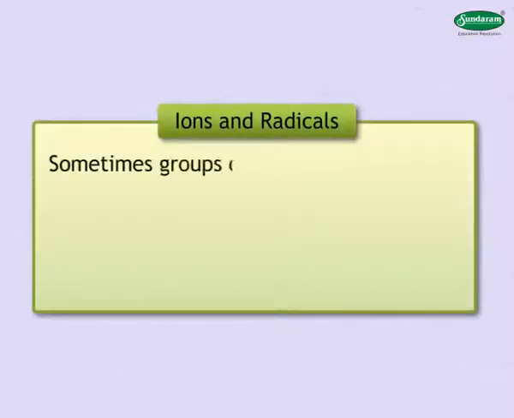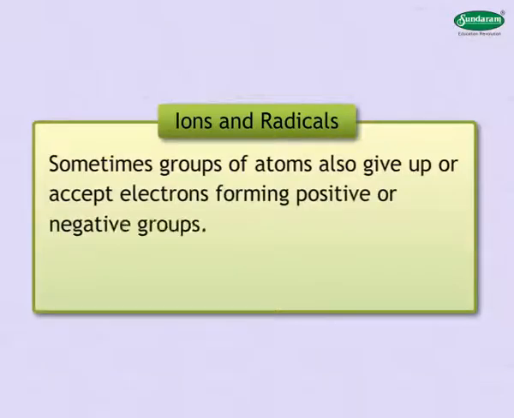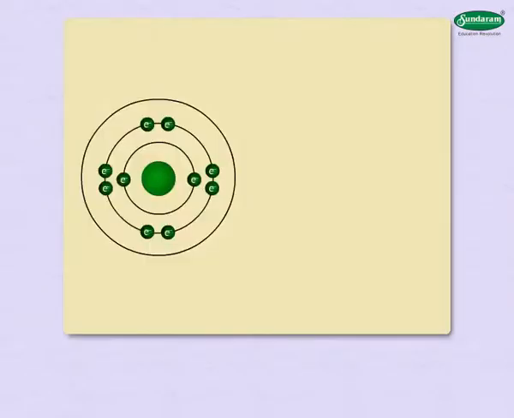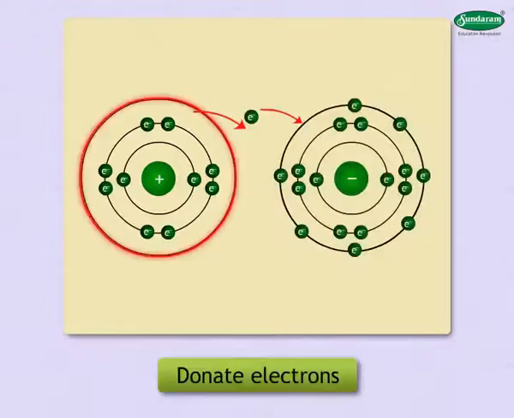Ions and radicals. Sometimes groups of atoms also give up or accept electrons, forming positive or negative groups. Such atoms or groups of atoms having a positive or negative charge are known as radicals. Sometimes positive or negative sign is written before their valency to indicate whether they donate or accept electrons.